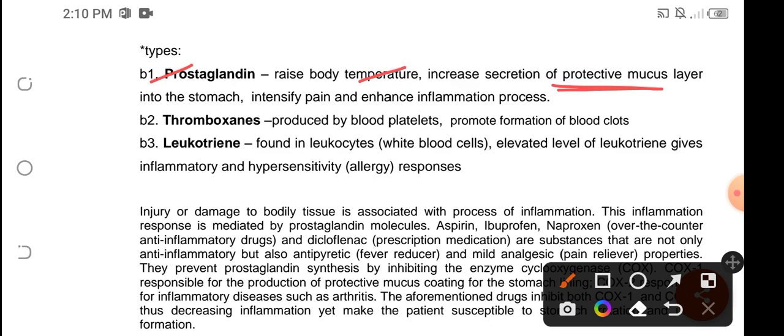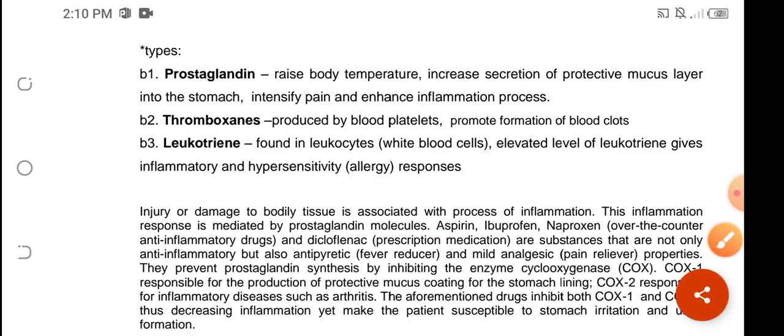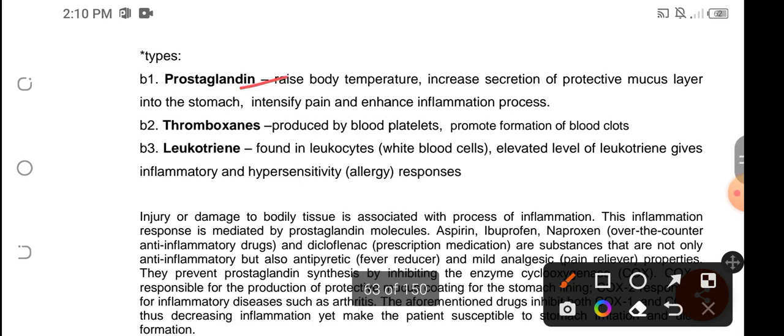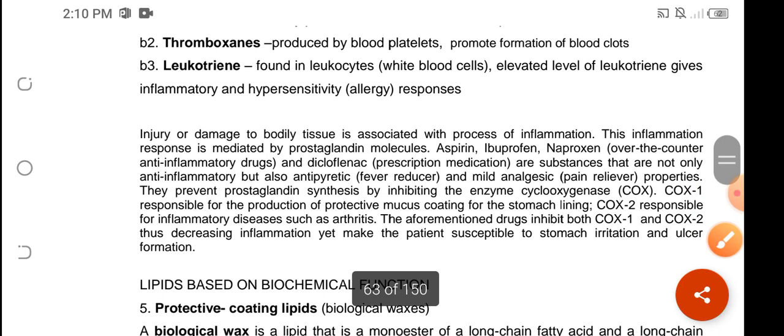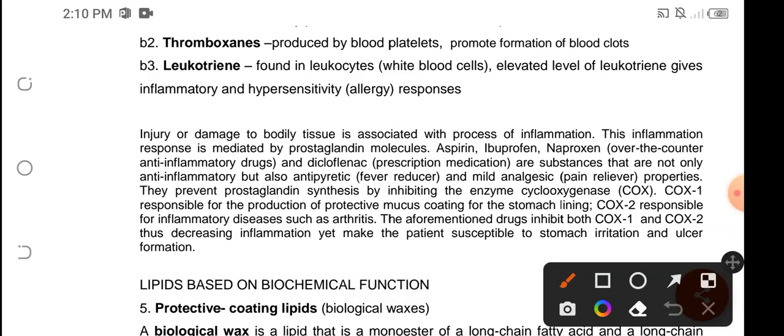If we take aspirin or any anti-inflammatory drug, we are suppressing the enzyme cyclooxygenase, which creates prostaglandin. We are suppressing both COX-1 and COX-2. That's why most patients taking anti-inflammatory drugs are susceptible to stomach irritation and ulcer, because COX-1 has been inhibited as well.